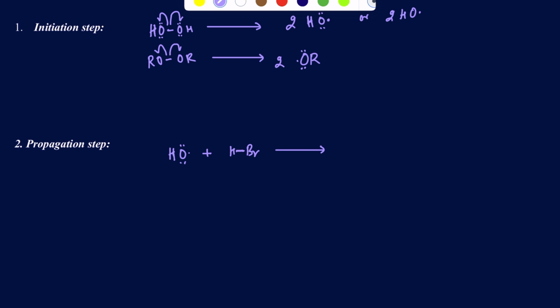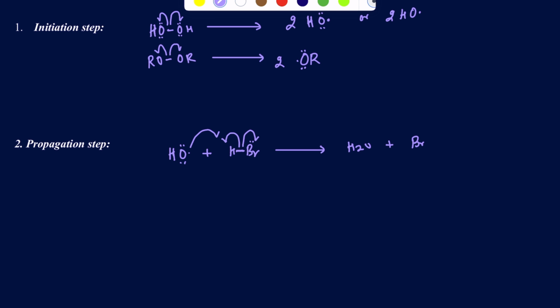I'm going to have one electron going onto the hydrogen, one electron going onto the bromine, and the one electron on the hydrogen and this OH radical here are going to combine to make water. So I do make water here, and then I would have the bromine radical.